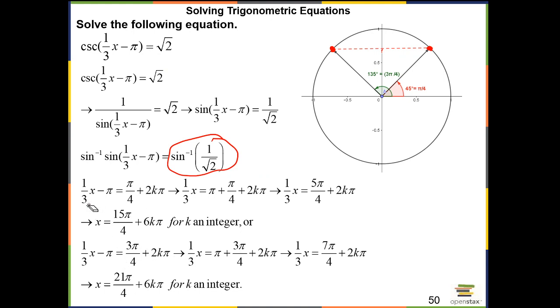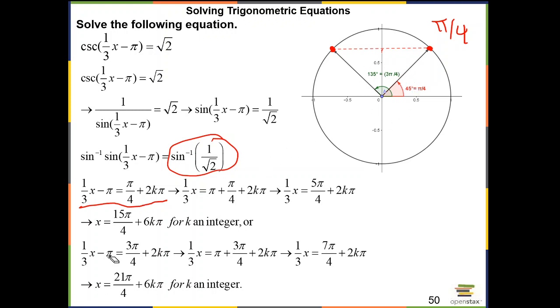One of them we get from two equations to find the solutions. One of them is this right here with the pi over 4. So we use pi over 4 and we write this equation: 1/3 x minus pi equals pi over 4 plus 2k pi, because we can get here by going around many, many times in different directions.